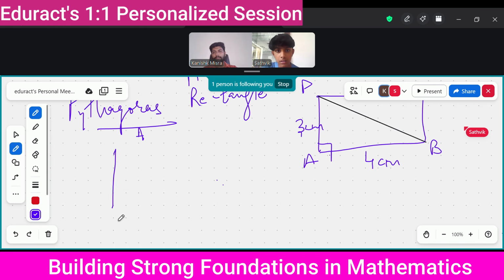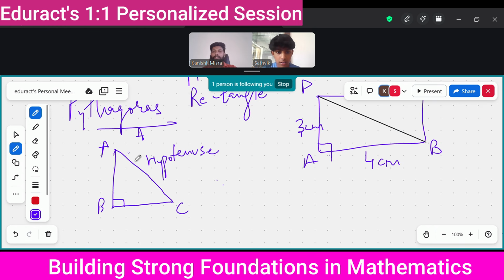Okay. Let's say this is a right angle triangle A, B, C. If this is 90 degree, then the side opposite to the 90 degree is always considered the longest side, and that is called hypotenuse.